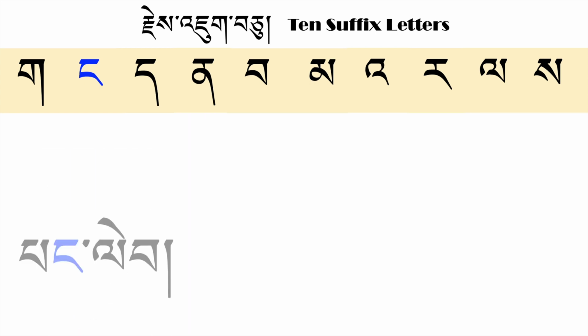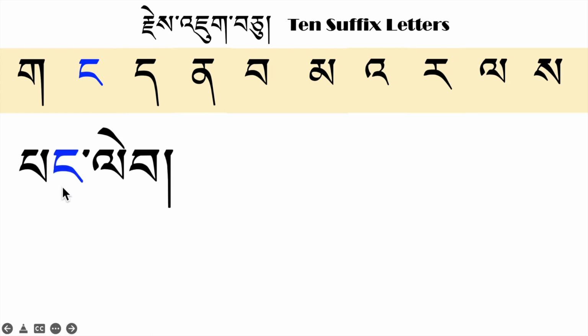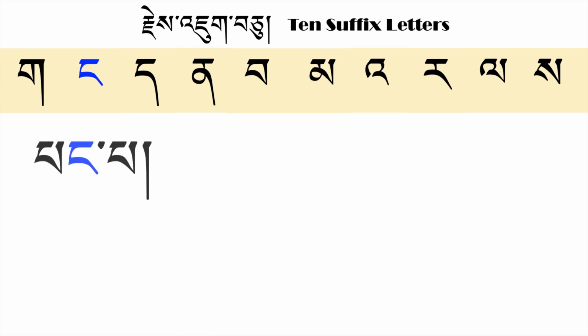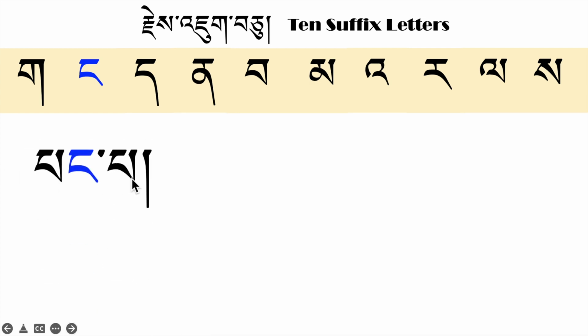Next one, pa, nga, pang, la dengbo le, pa, lep: panglep. I forgot to put the blue color, so remember that nga is jinjuk, and pa is also jinjuk. Panglep means plank of wood. Next one, pa, nga, pang, pa.